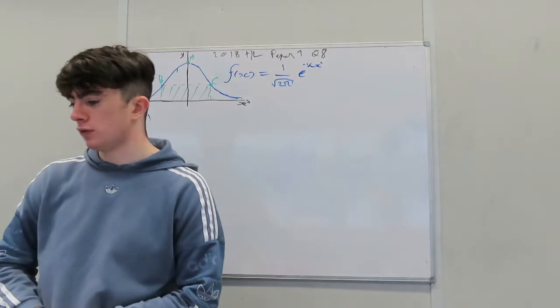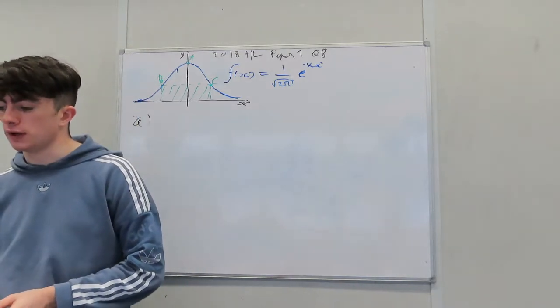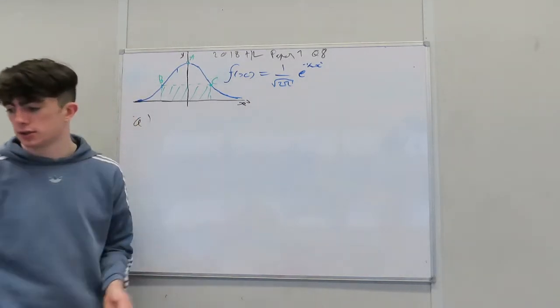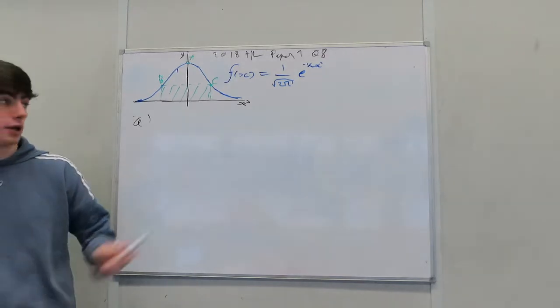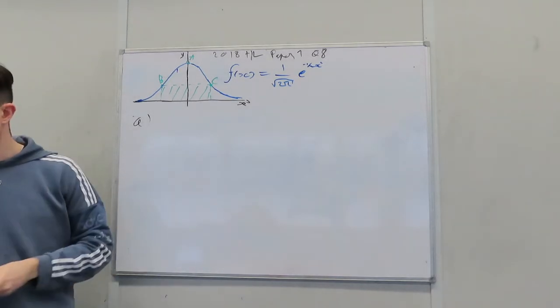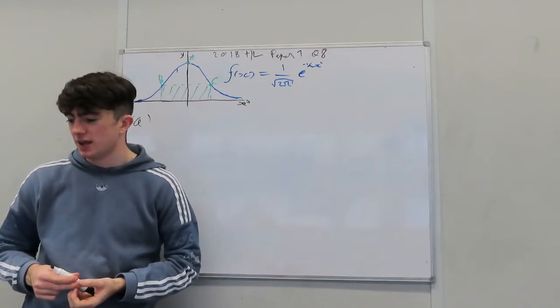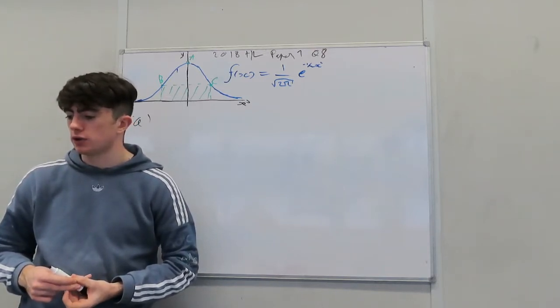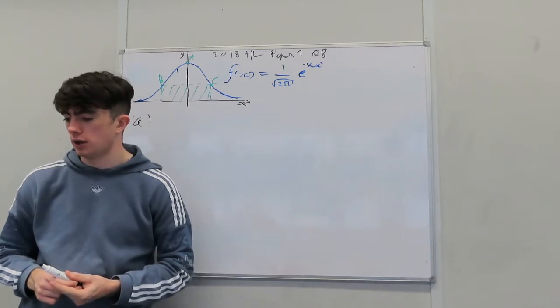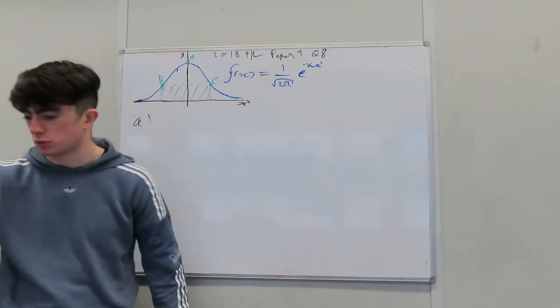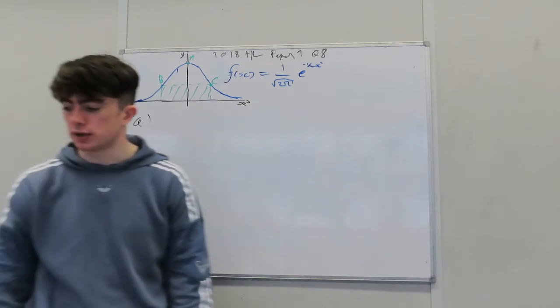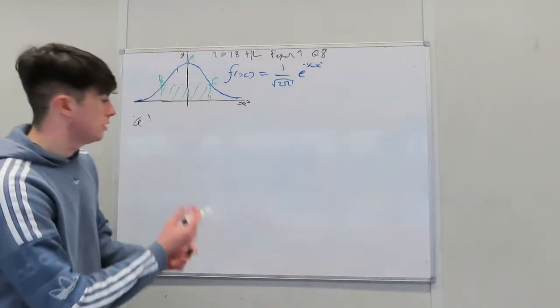So the graph of the symmetrical function f(x) is shown below, and it gives this diagram, which I've attempted to draw. And in part A, it asks us to find the coordinates of A, the point where the graph intersects with the y-axis. Give your answer in terms of pi.